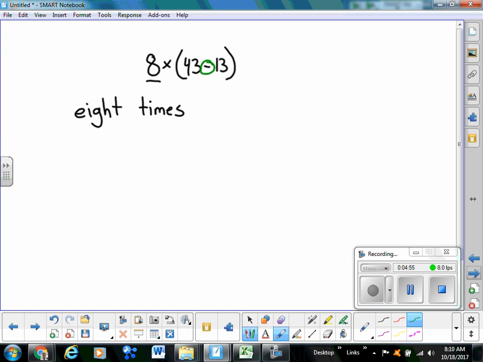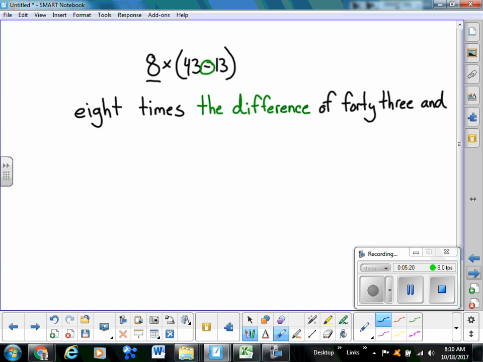So we're going to say 8 times the difference of, and the two numbers are 43 and 13. So 8 times the difference of 43 and 13.